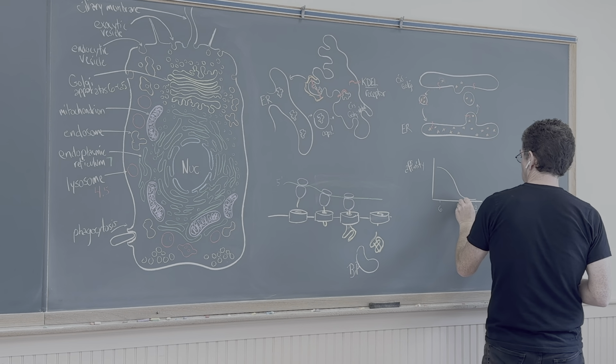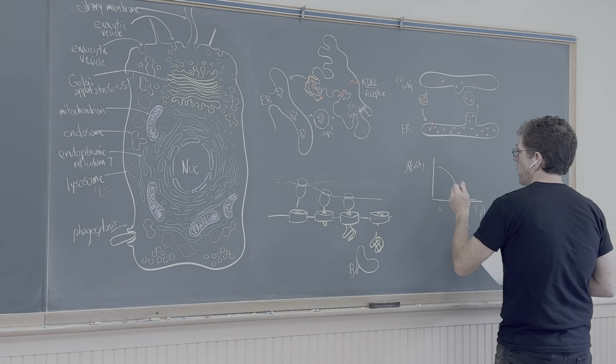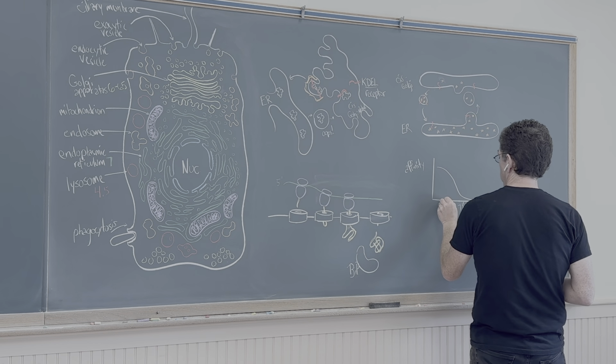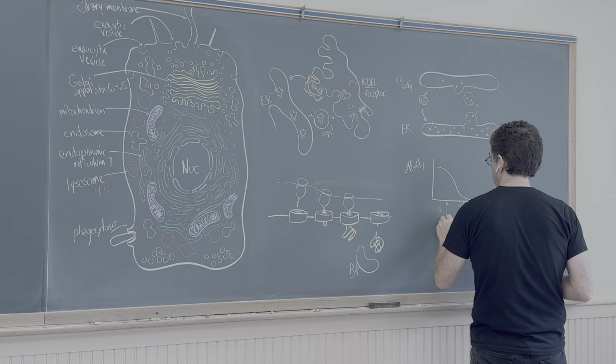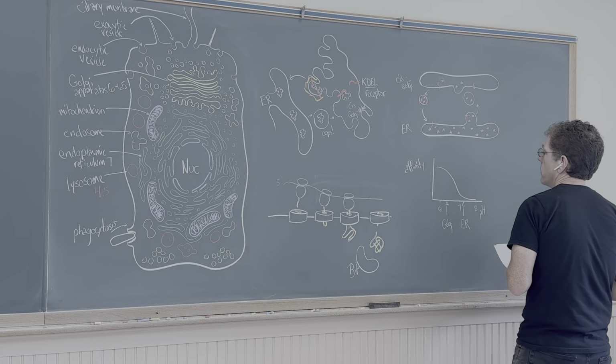That is, at the pH typical of the ER, the KDEL receptor has low affinity for its target sequence. At the pH typical for the Golgi, it has high affinity.